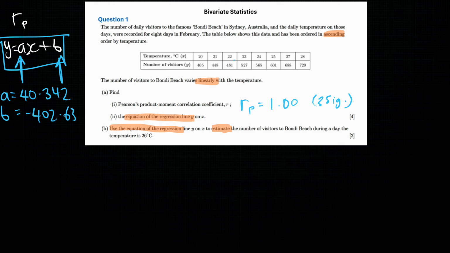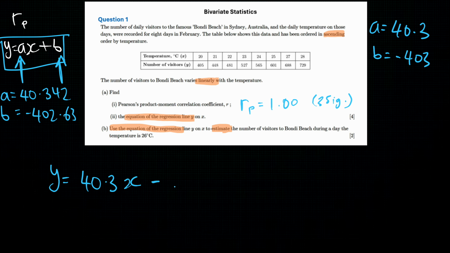And again, it's going to be to 3 significant figures. So if I write it here, it's going to be 40.3 for the a value. For the b value, it's going to be negative 403 to 3 significant figures. We can input that into our equation to get y equals 40.3x minus 403.